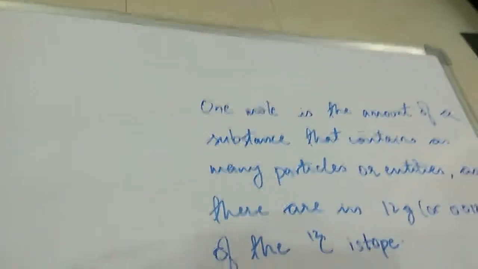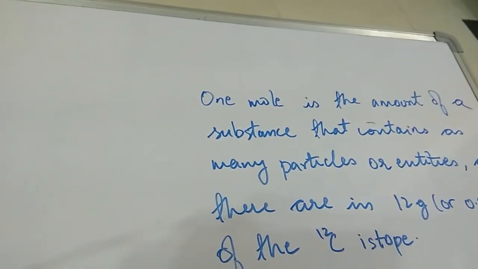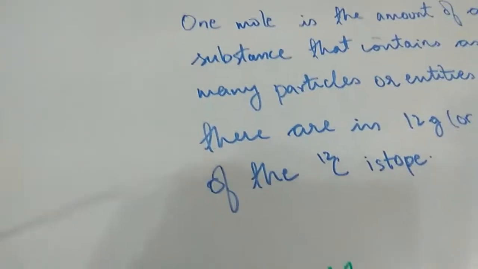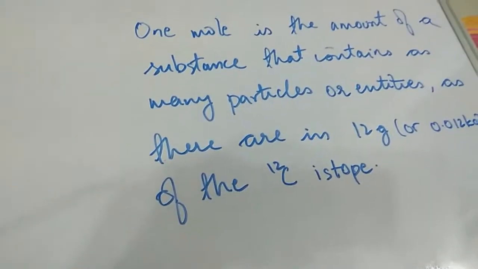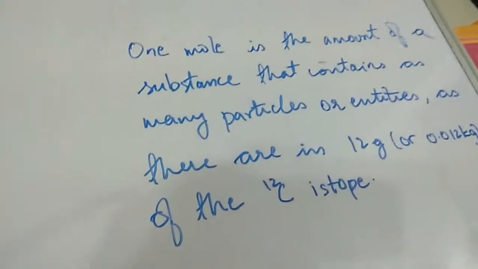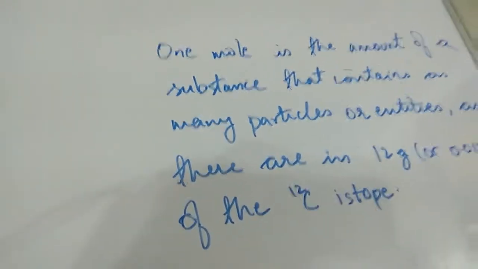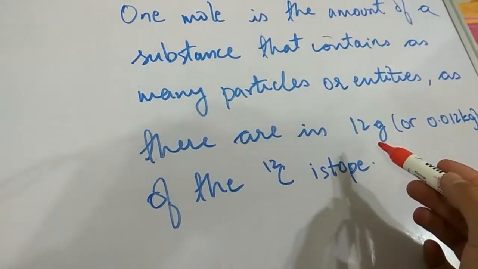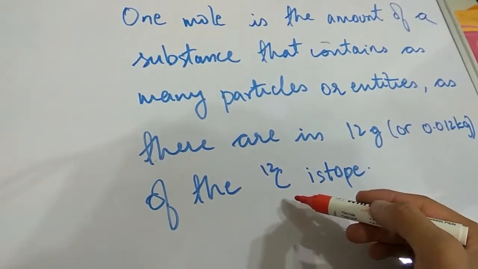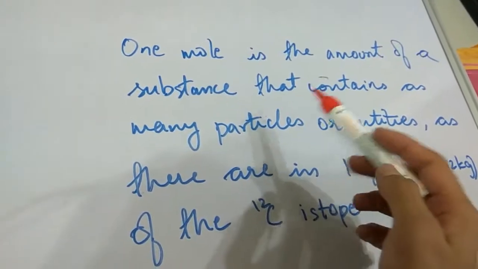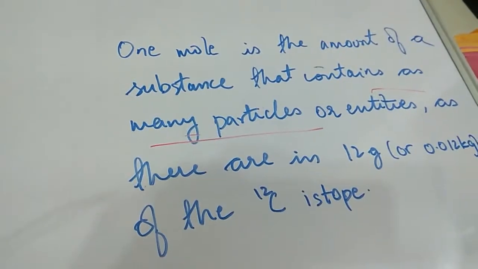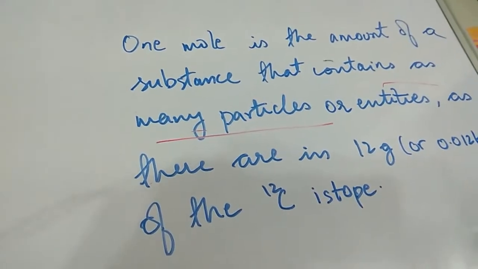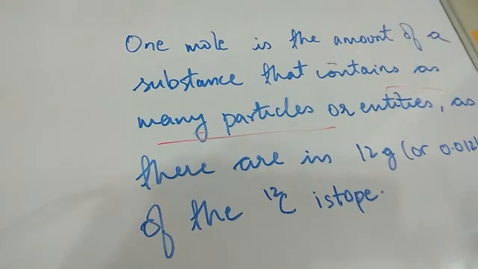Now, basically this means, we know that 1 mole is equal to this number. So this statement means that 12 gram of carbon 12 isotope contains these many particles, because 1 mole is the amount of a substance that contains as many particles or entities as there are in 12 gram of carbon C12 isotope.